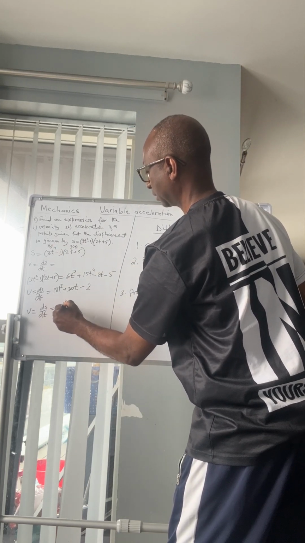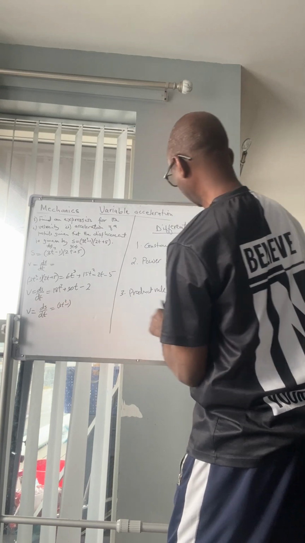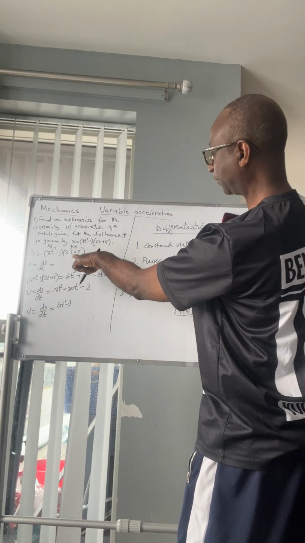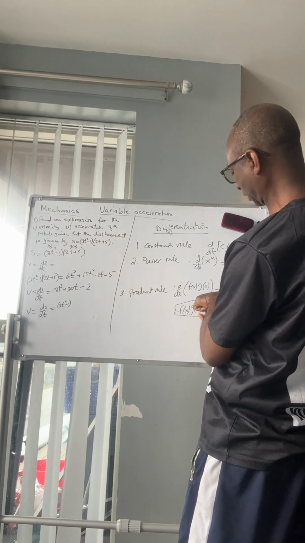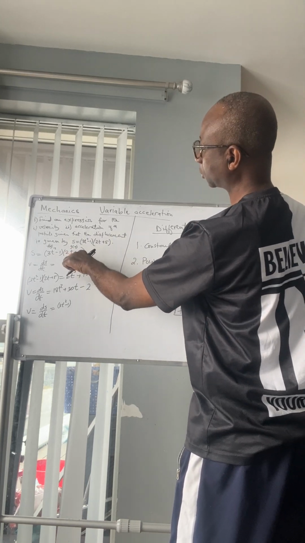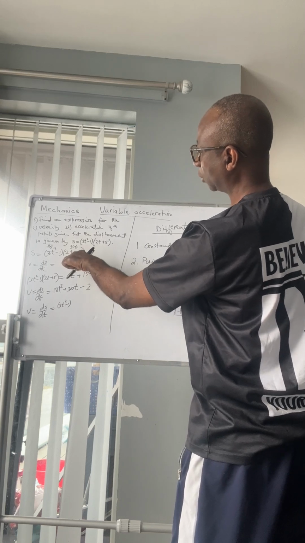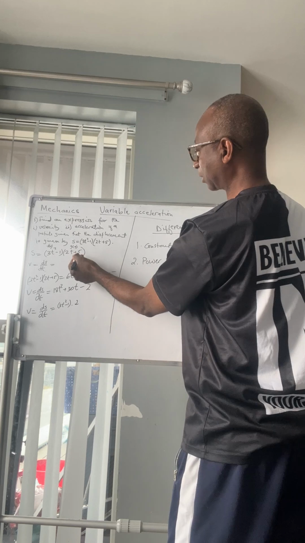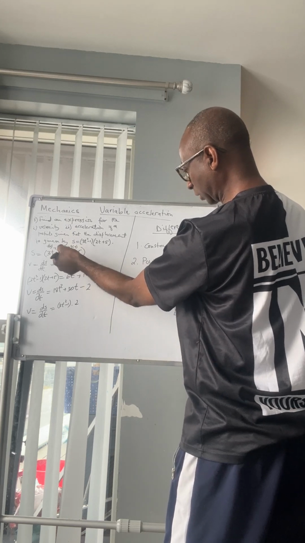3t squared minus 1, times g prime of x. We now differentiate this one. That's what it means, g prime of x. Differentiate this second function. If you differentiate this one, 2t plus 5, what do you get? You get 2, because this is a constant, and you just differentiate 2t to get 2.